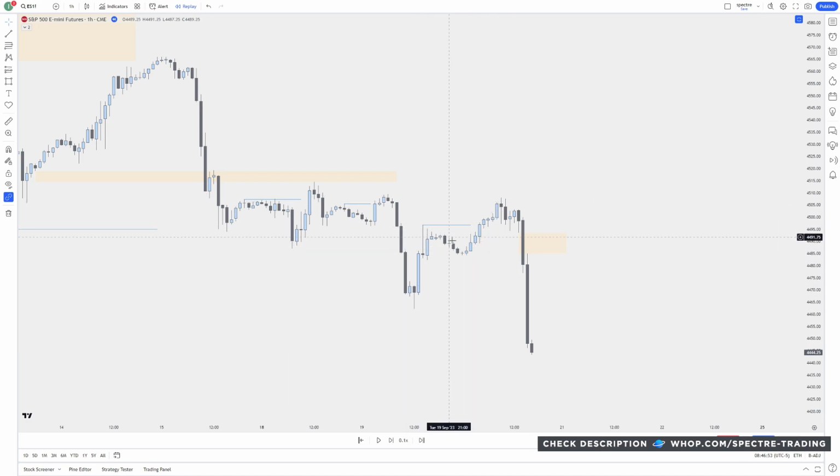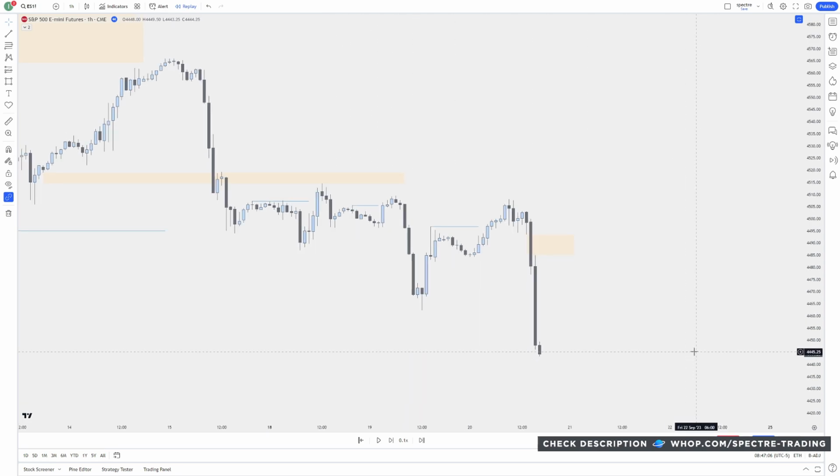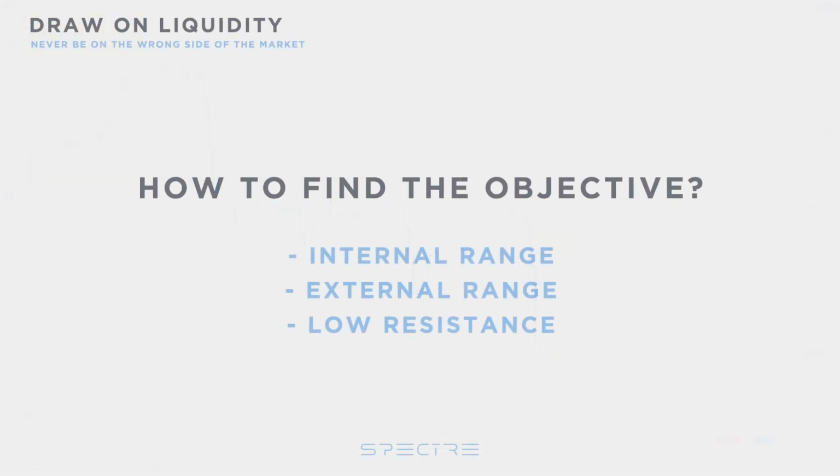You can see these candles have very low volume and are really choppy on the way up. However, on the way down, you can see we're getting these large bearish pushes, leaving behind fair value gaps. So it's all about piecing the three concepts together. If you do not already have a good and clear understanding of internal and external range liquidity, please watch our previous video on this, as it will help you massively.